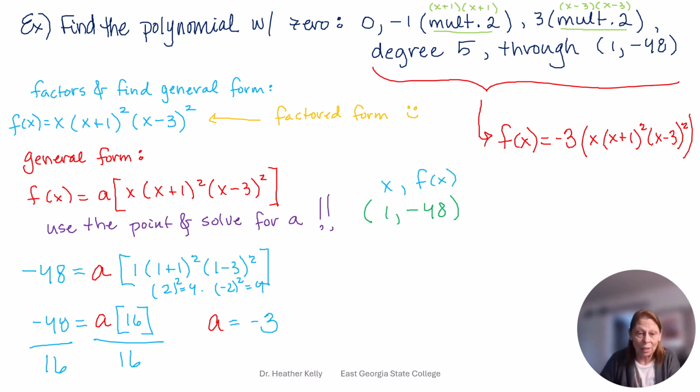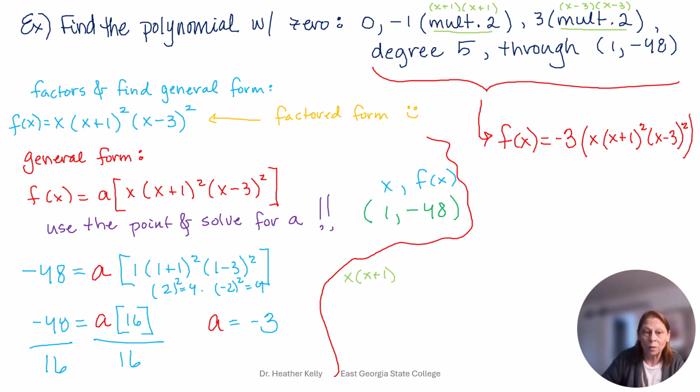You know what to do from there though, right? Let me finish it. I don't want anyone saying that I didn't show it. So let's just do it. Over here, I'm just going to multiply this out: x times (x plus 1) squared times (x minus 3) squared. So we're going to have (x plus 1) squared is x squared plus 2x plus 1.